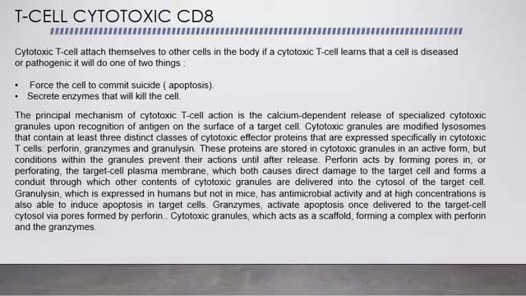The main function of the cytotoxic T cells is to kill the cells that have been infected by a virus or could be cancer. They are also involved in killing of tumor cells and transplanted foreign cells.